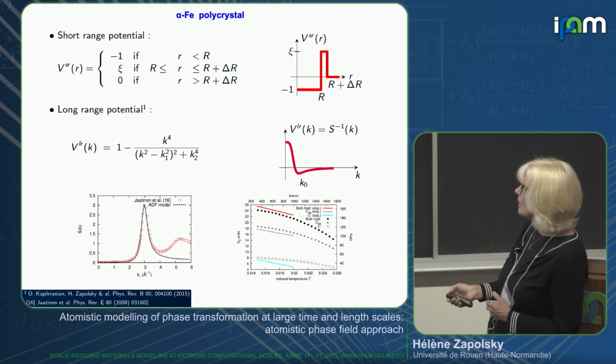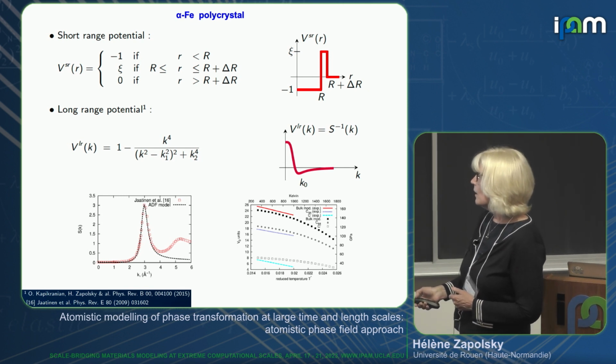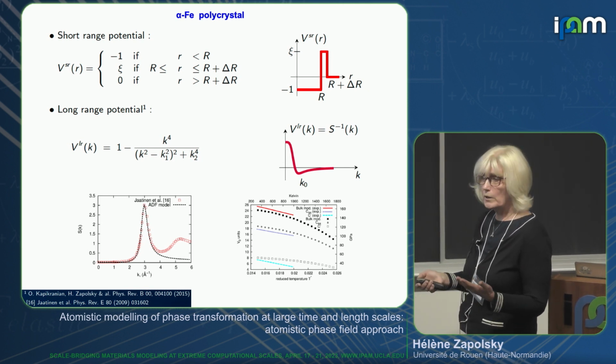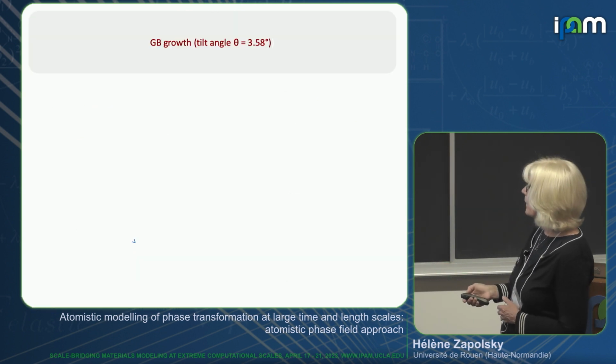This long-range interaction was adjusted with respect to the molecular dynamics calculation of the structure factor, which you can see here. Then we tested the elastic constants C11, C12 and the bulk modulus to be sure that our potential reproduces the elastic properties of our material.